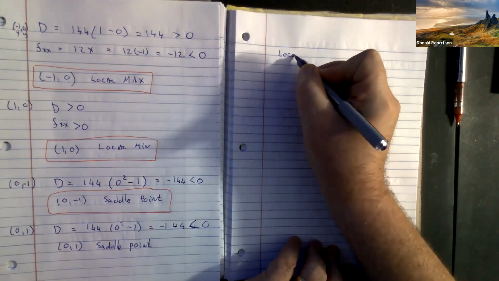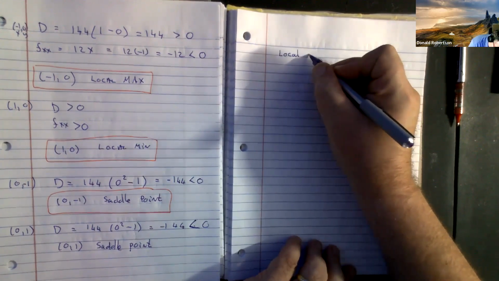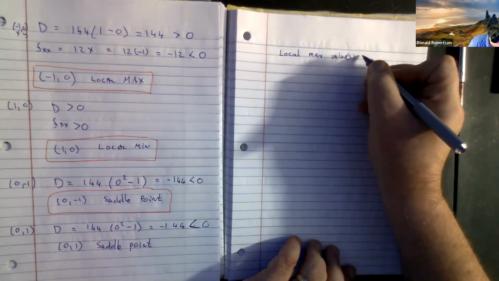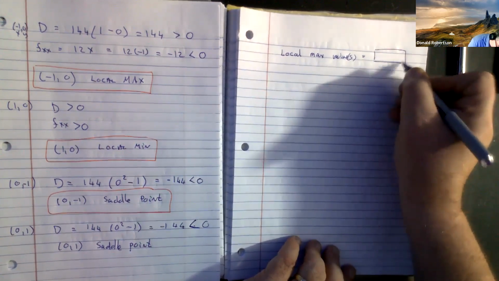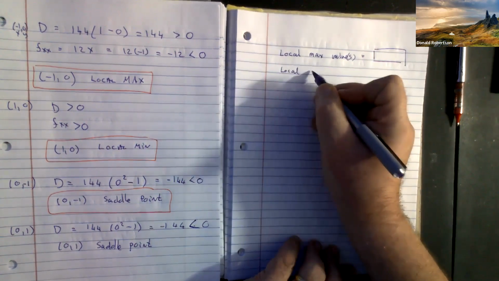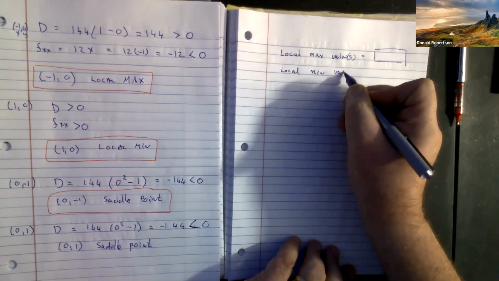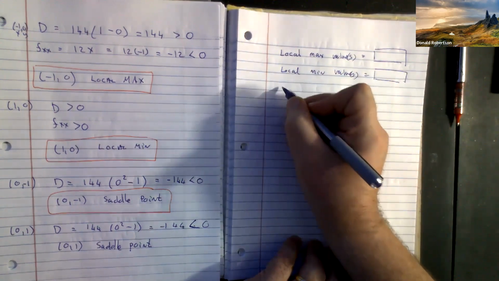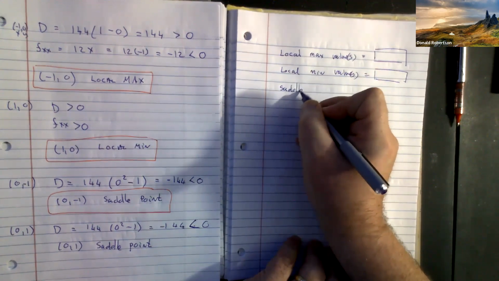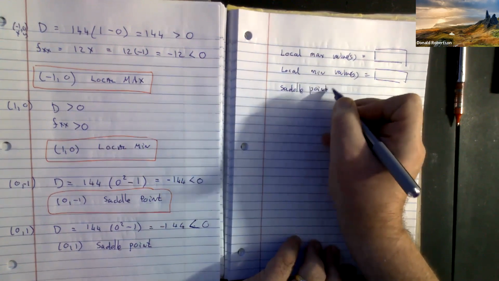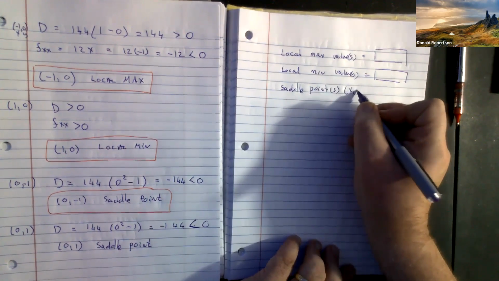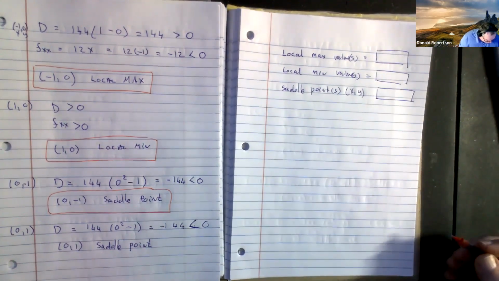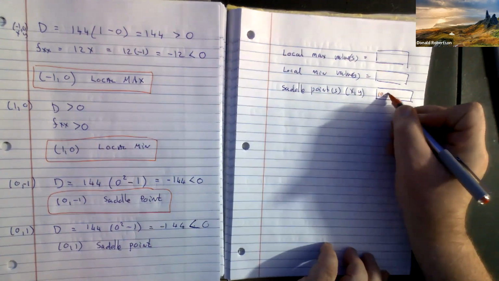You have a local maximum values, and then you have a box, and then you have local minimum values, and you have a box, and then you have saddle points, and they have a little XY to remind you how you write them. So the way you write your answers is different. For saddle points, you put the coordinates.